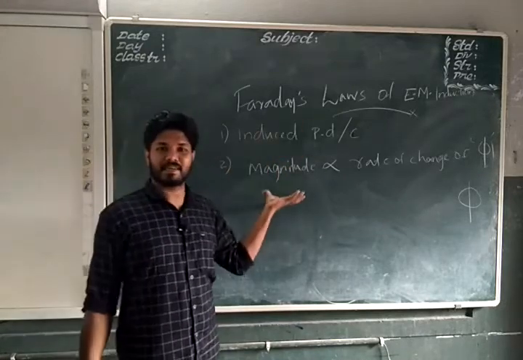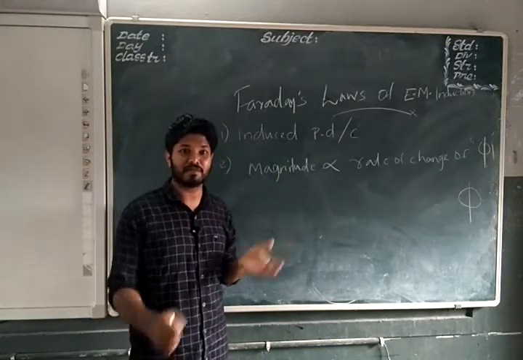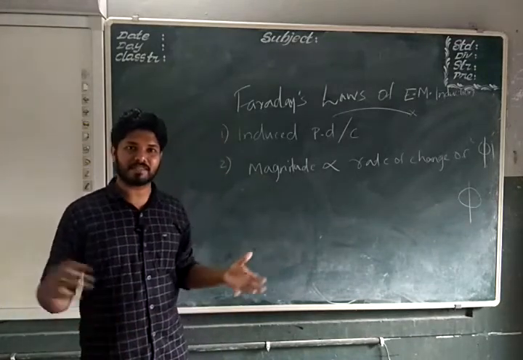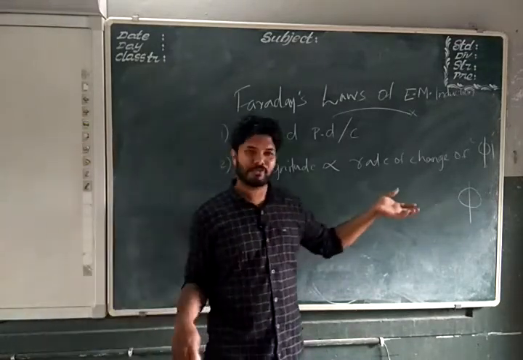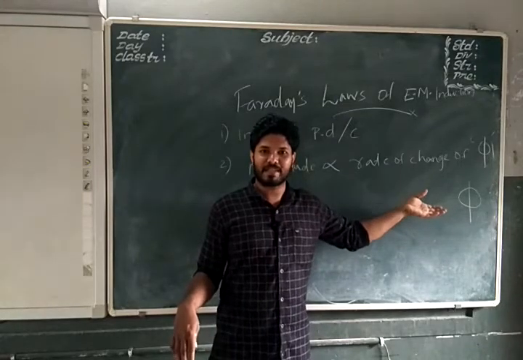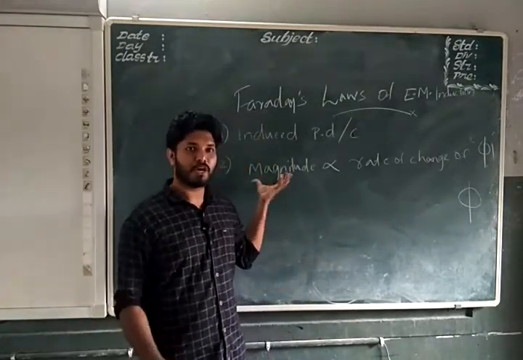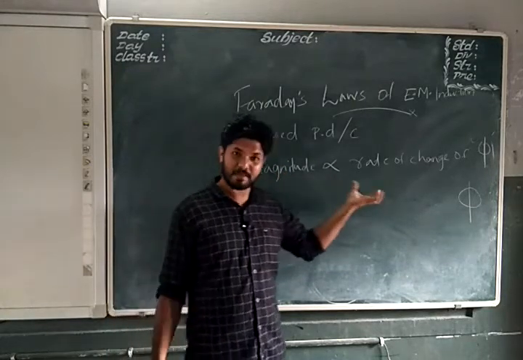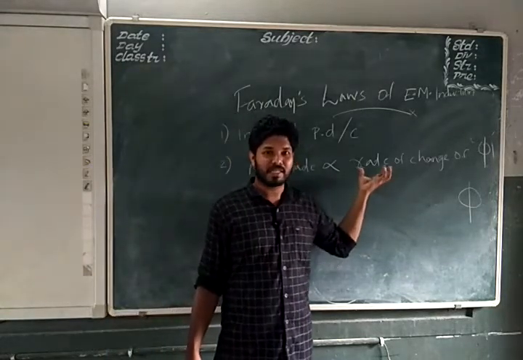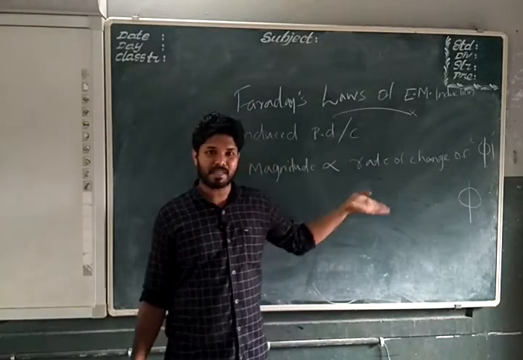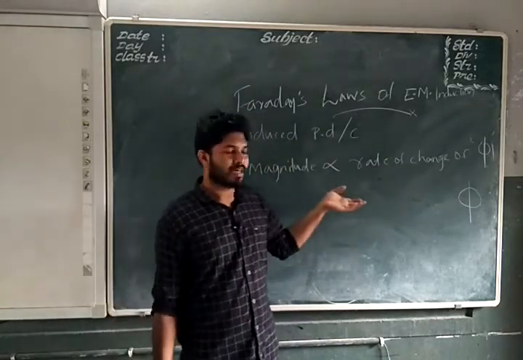So what is meant by magnitude? Measurement, how much the current is. The measurement of the current increases if the change in magnetic flux is increased. If the change in magnetic flux is vigorous, more current is produced. It also depends on time, which is indicated by the word rate. Rate of change means time.